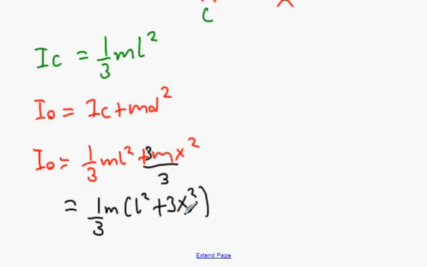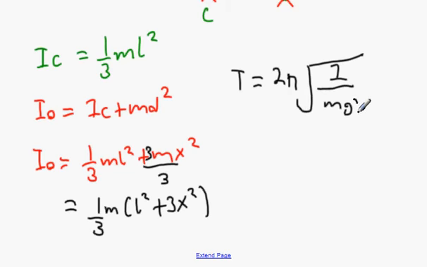Now the periodic time equals 2 pi the square root of inertia all over mgh.